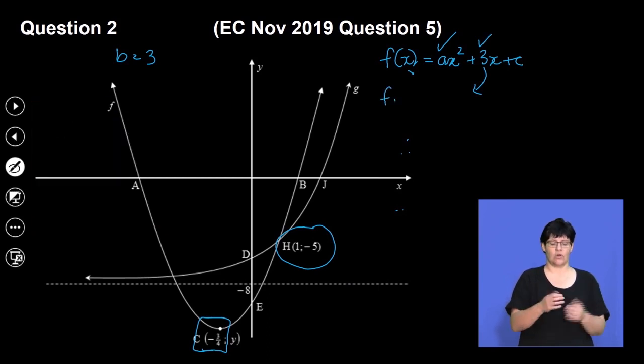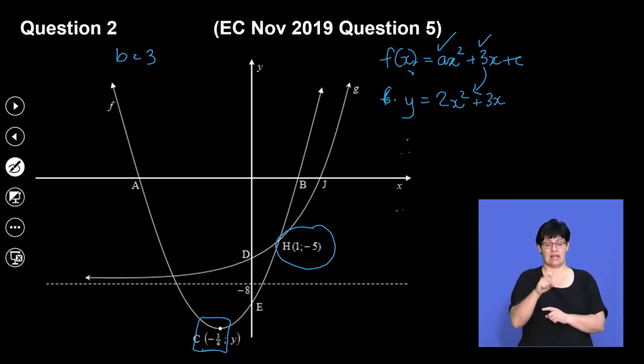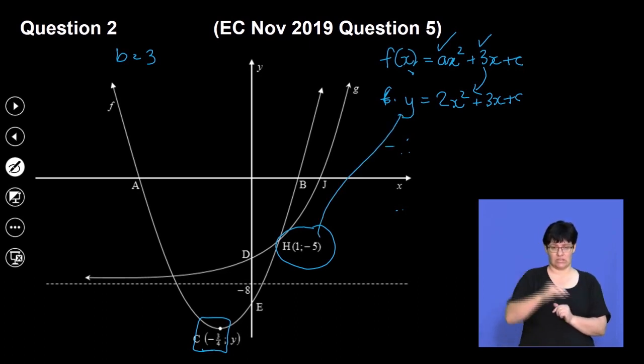So f of x, or let's say y rather, because we're going to sub a value of y, and y is equal to 2x squared plus 3x plus c. And finally, I'm going to sub that into there. So minus 5 is equal to, and I'm going to sub that 1 into all the values of x.